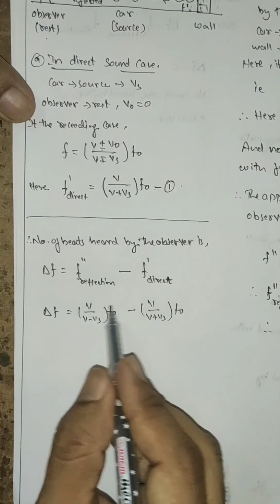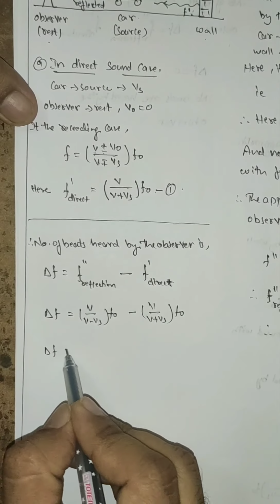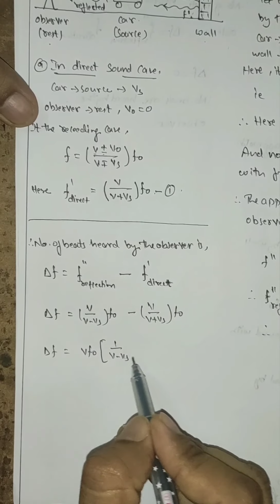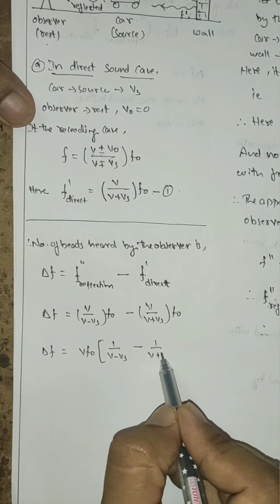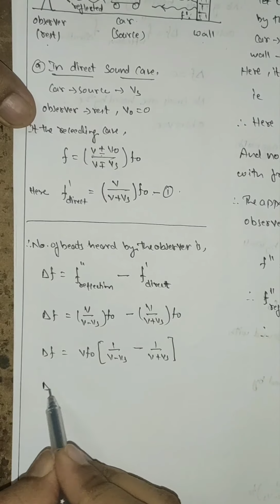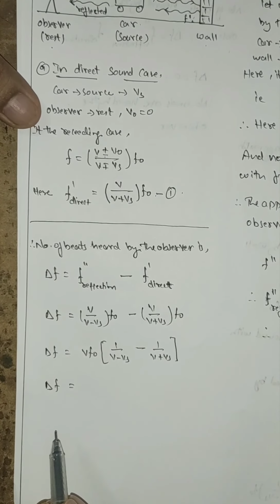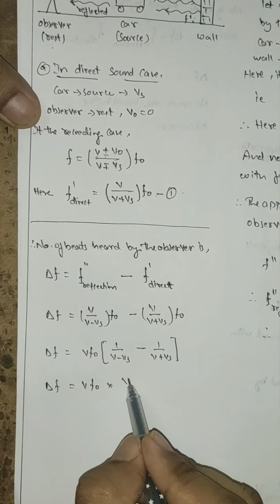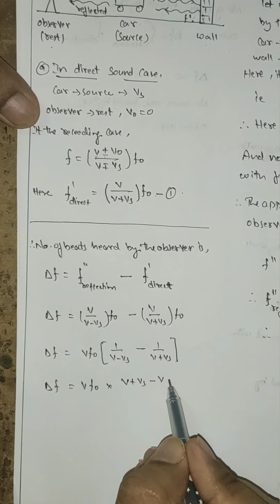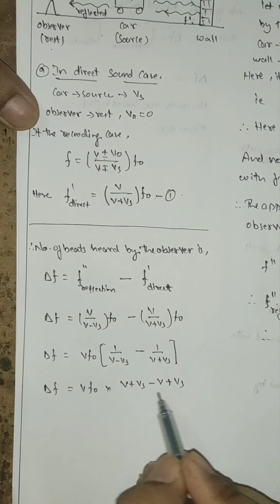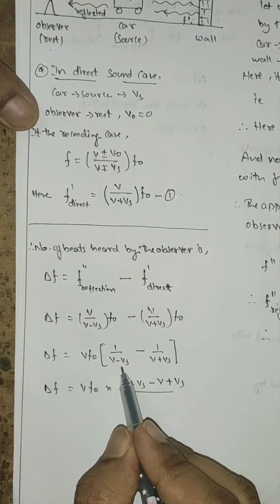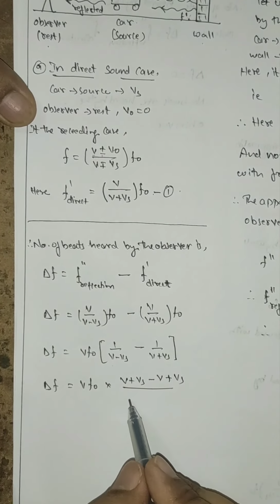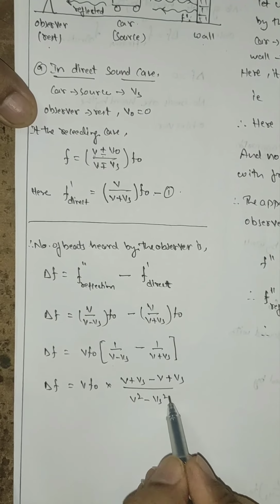Taking V into f naught common, delta f equals V f naught into (1 by V minus Vs minus 1 by V plus Vs). So the number of beats heard by the observer per second is V f naught into (V plus Vs minus V plus Vs) by (V minus Vs)(V plus Vs), which is in the form (a minus b)(a plus b), that is V square minus Vs square.